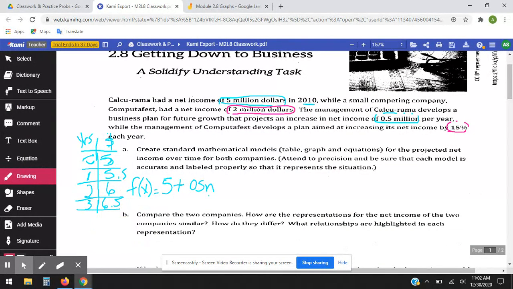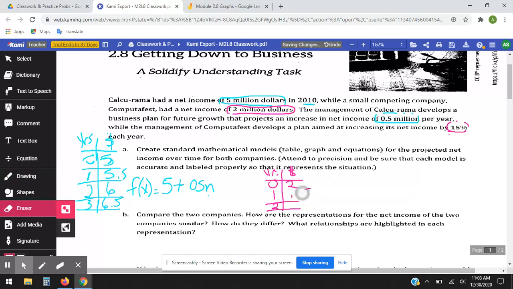Compufest. So theirs over here, same idea, years and money, and they had a 0, started with 2 million, but they went up 15%. So keep in mind I have to go up 115% because I want that 2 million involved. So that would be 2.65. Oh, sorry, take that back.